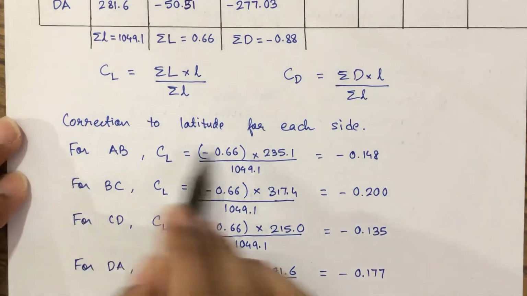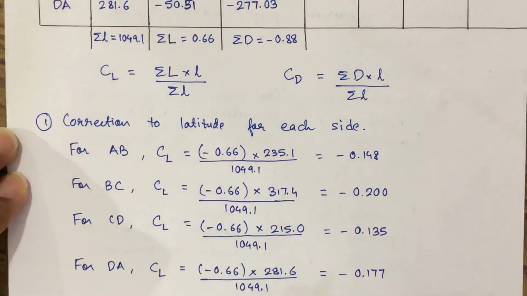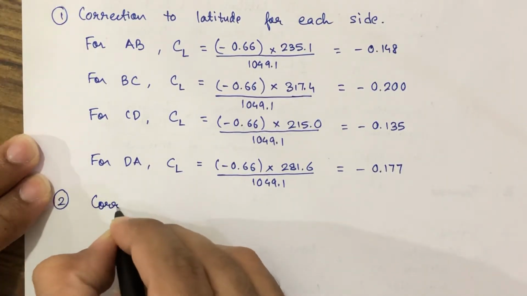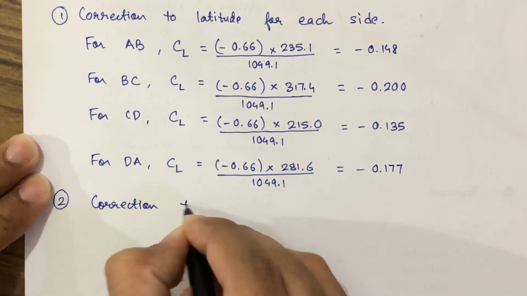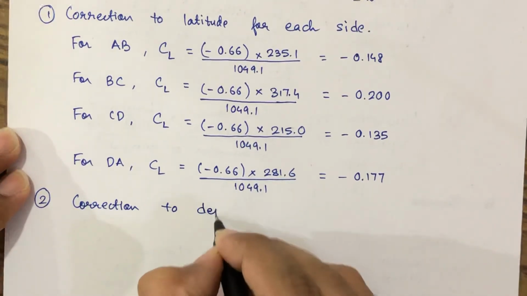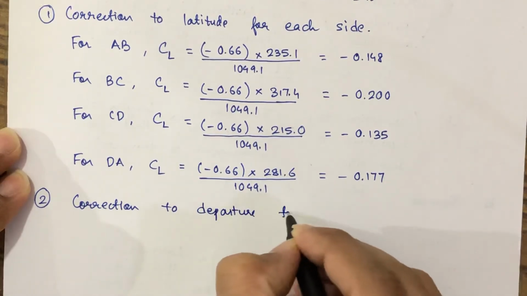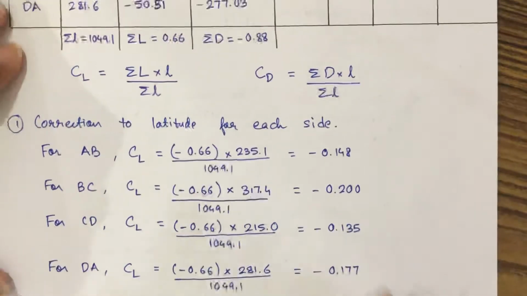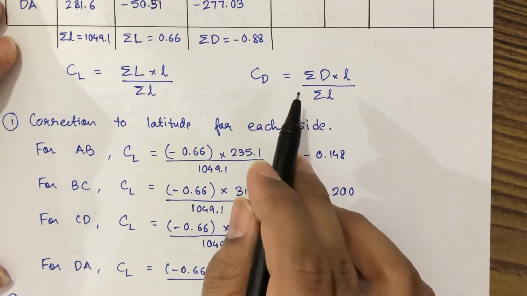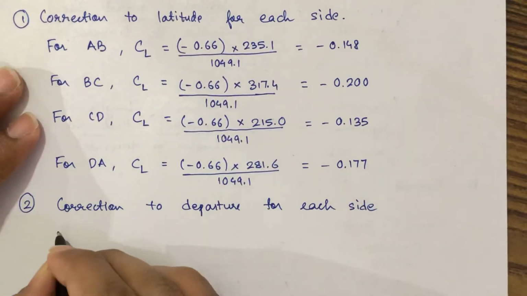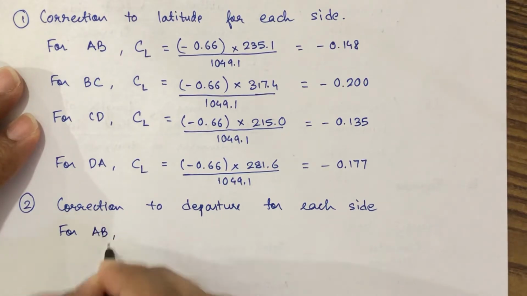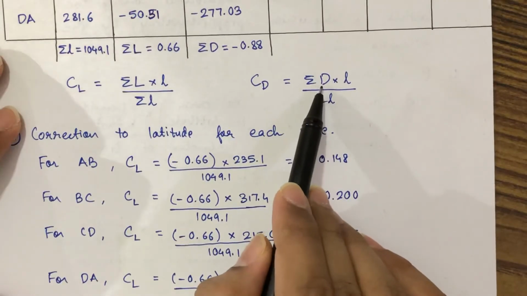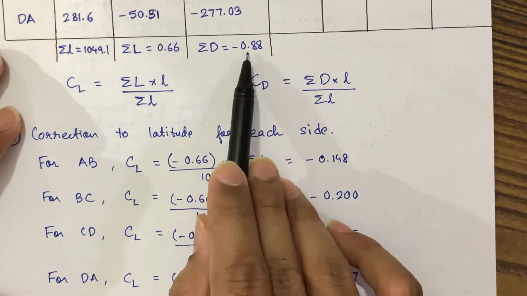So first we calculated the correction to latitude. Next we need to calculate the correction to departure for each side. Now, the correction to departure is given by this formula. First we'll see for side AB. For side AB, the total error in departure is given as minus 0.88.